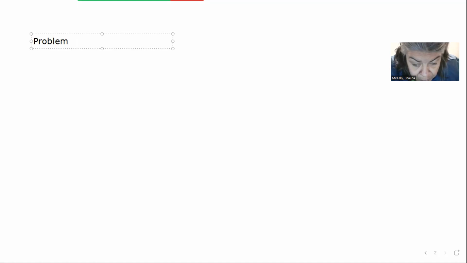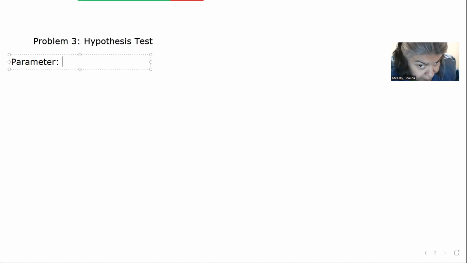And we're gonna do the hypothesis test first. Okay. Hypothesis test. So here we're gonna have parameter. This is all set up. Okay. Parameter is gonna be population proportion. And actually it's the difference in population proportion, but it's population proportion P.